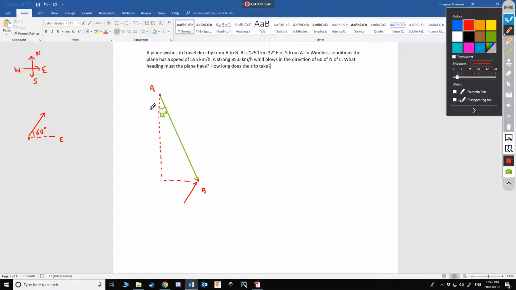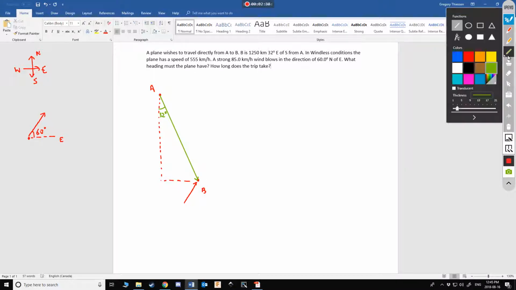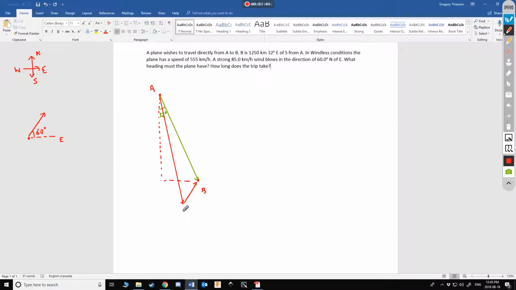So that means in order for the plane to go directly from A to B, the plane must head at some direction of B. So this is the vector that the plane must face. So I'm going to redraw this just so it's easier for us to see. So here's, so the plane head in this direction.